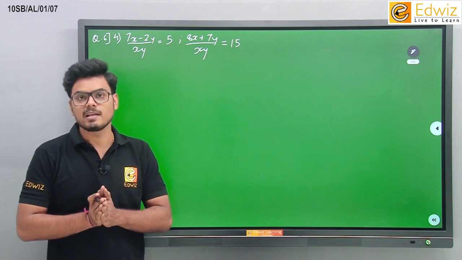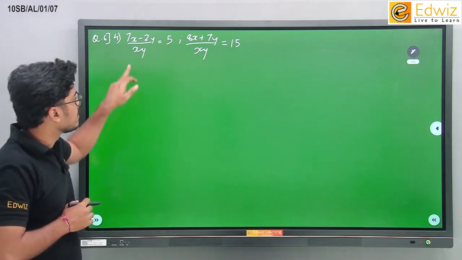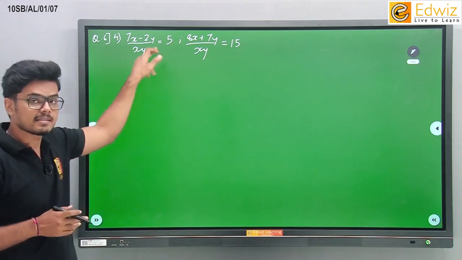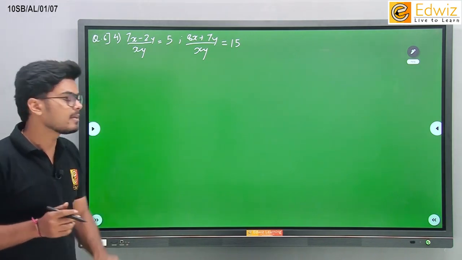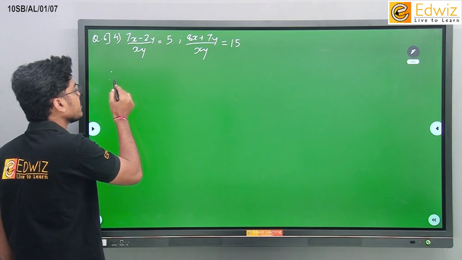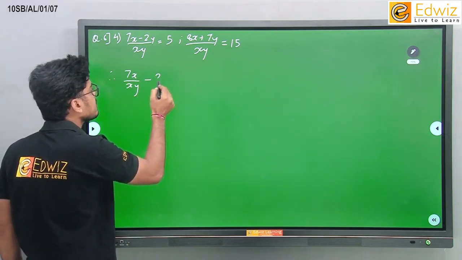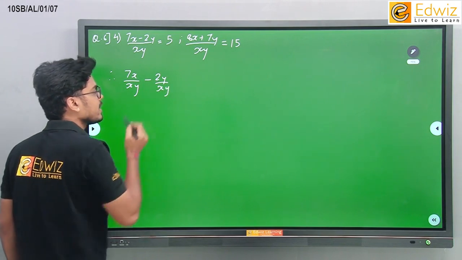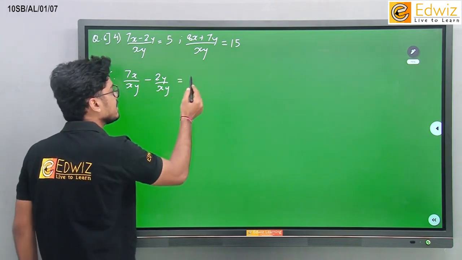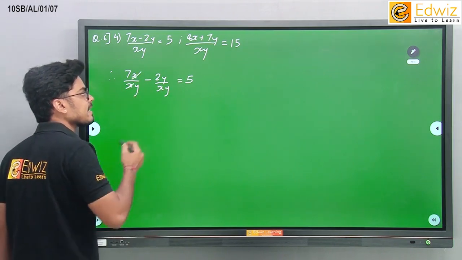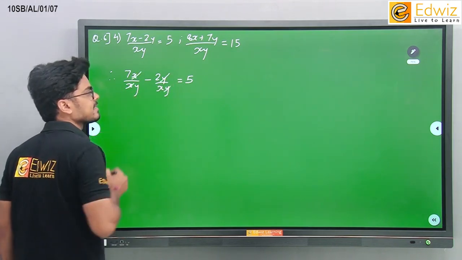यहाँ पर बहुत simple है convert करना. Why? Because दोनों का denominator यहाँ पर xy है, both these terms 7x and minus 2y. So I just split the denominator. In the first equation, 7x upon xy minus 2y upon xy. दोनों के लिए the denominator is xy equal to 5. Now here you can see x and x is getting cancelled, y and y is getting cancelled.